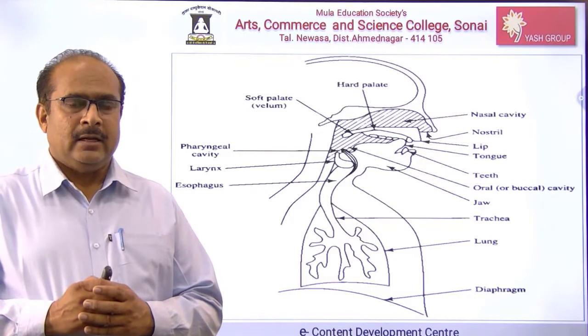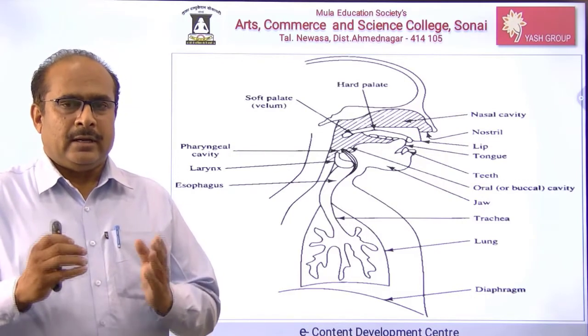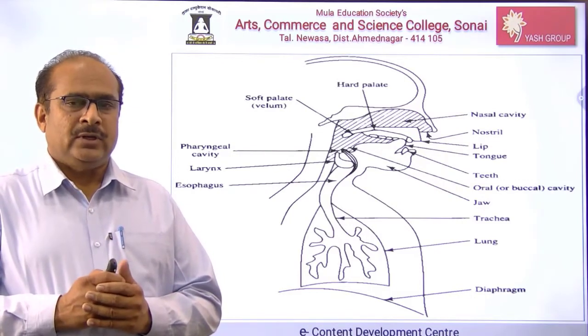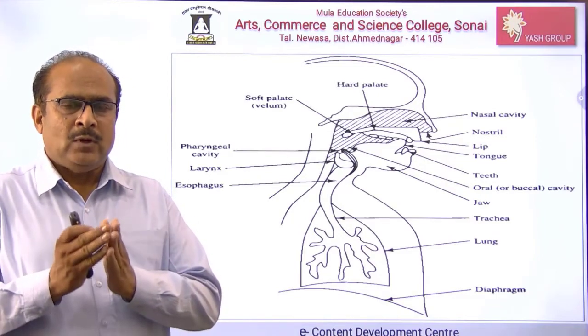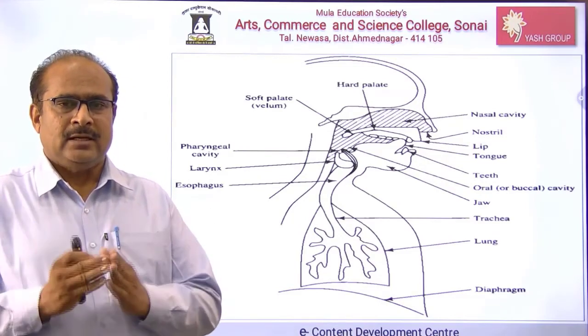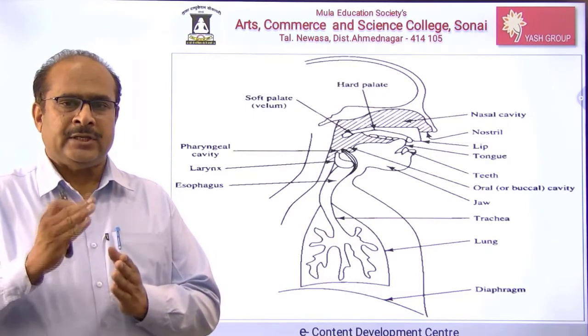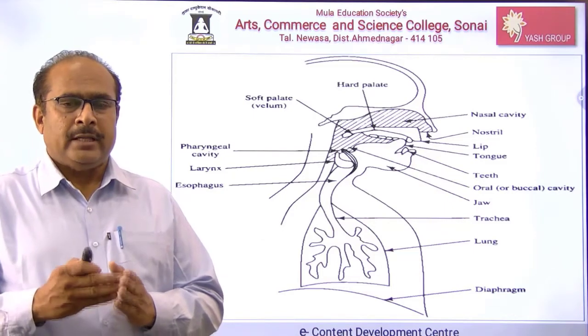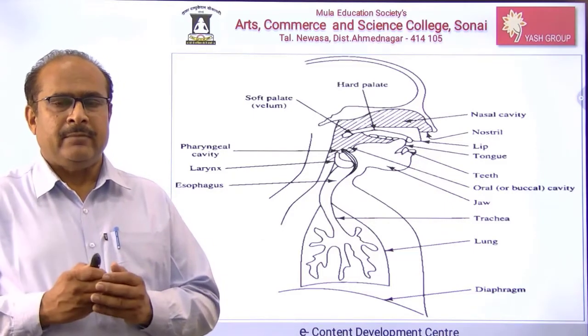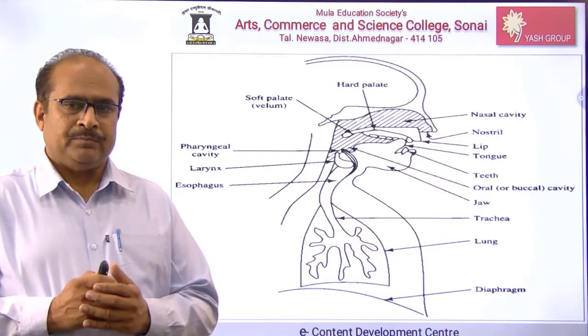Whenever the air comes in the production of English sounds, we notice that our vocal cords sometimes come close, sometimes they remain apart. When they come close, air dashes them and they produce vibration. Whenever they remain apart, the air passes between them and they don't produce vibration.